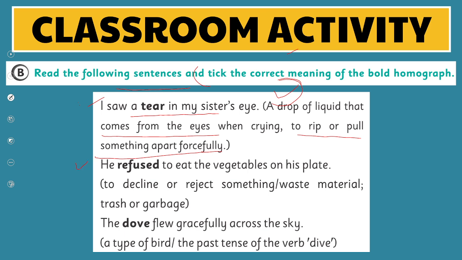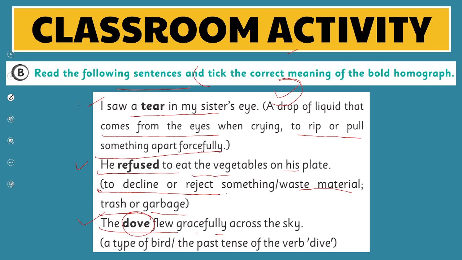Secondly, he refused to eat the vegetables on his plate. To refuse means to decline or reject something, or refuse means waste material, trash or garbage. Here, refuse means to reject something. All right. The dove flew gracefully across the sky. What does dove mean?